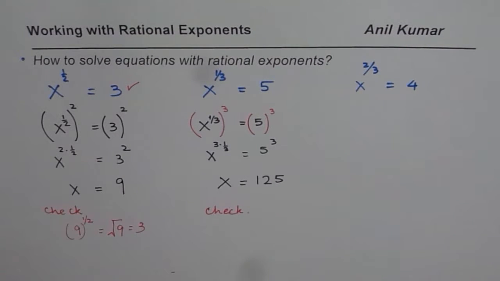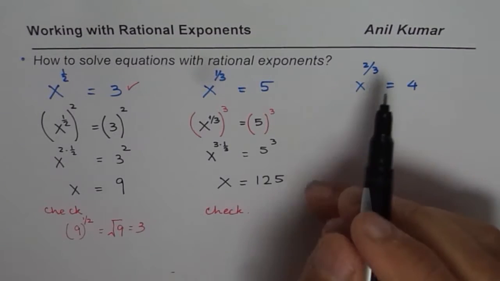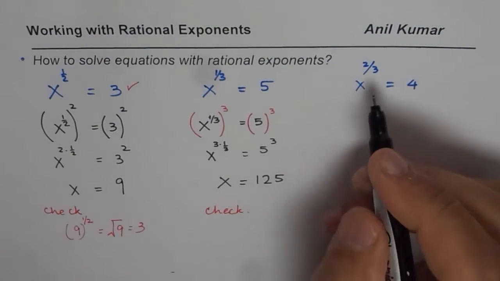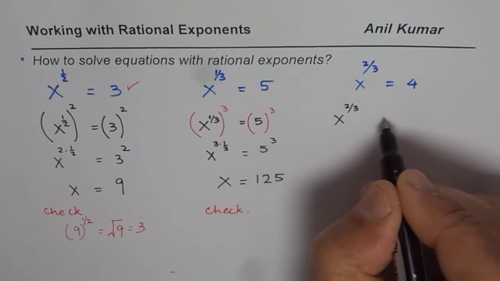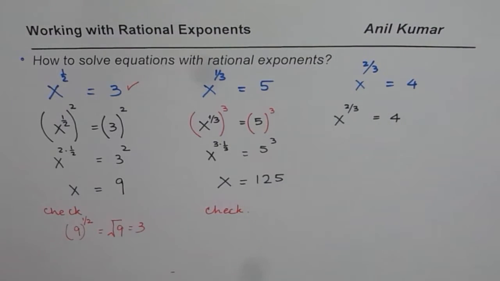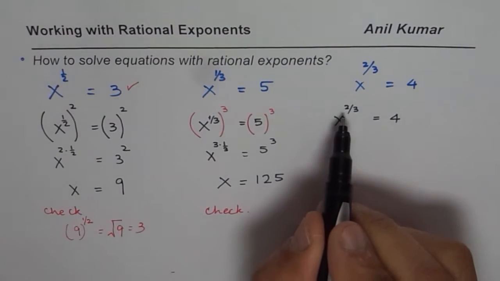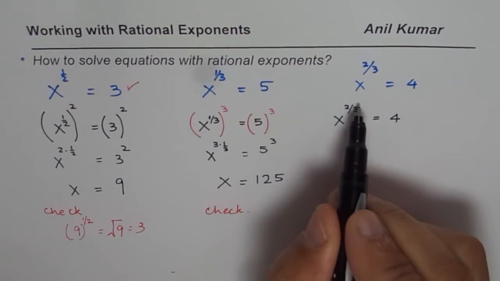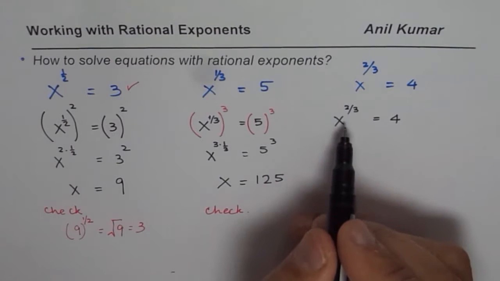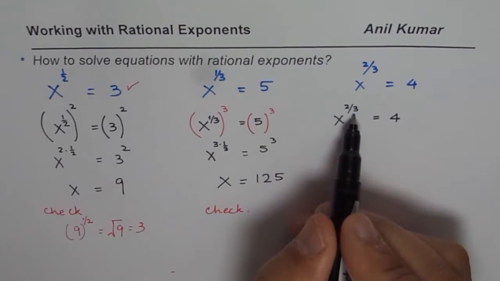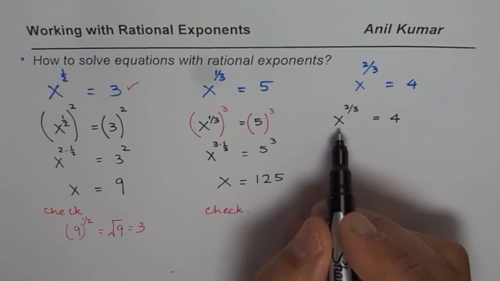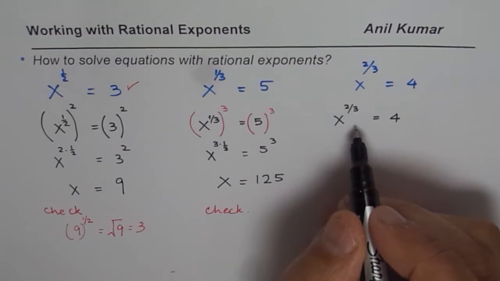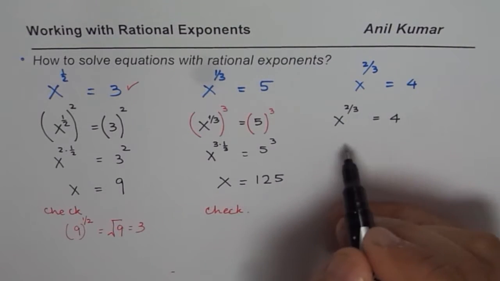Let's move on to a more complicated one. You may have a situation like this. This time we have x to the power of 2 over 3 equals 4. How should I solve this? First, we could raise to the power of half and then take care of the radical sign, or we could actually cube it, either way.